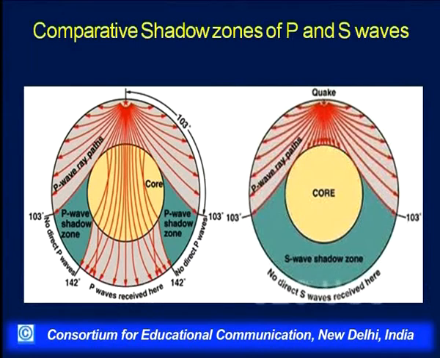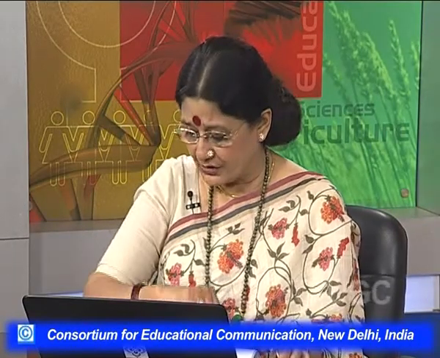Due to that characteristic, that they cannot pass through a liquid medium, they stop at that point, they do not enter the core, and therefore there is no question of their reappearing through the core. So the shadow zone of the S wave is much larger, and as I mentioned before, it is almost 40% or more so far as the S waves are concerned.